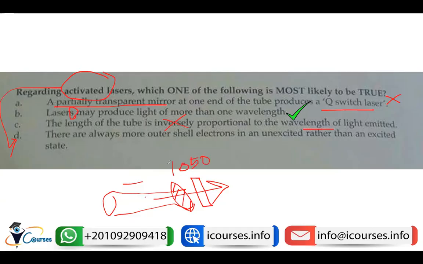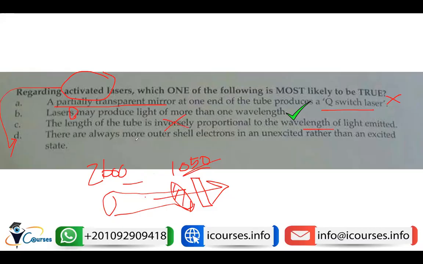So this tube should be a multiple of 1050, like 2100 or 3150. This should be a multiple of the wavelength of the laser which should be emitted from this tube. This is a basic rule in the laser in order for what's called resonance to occur.